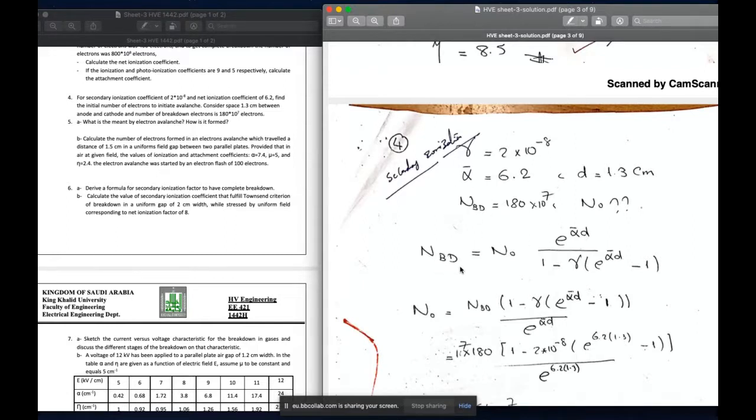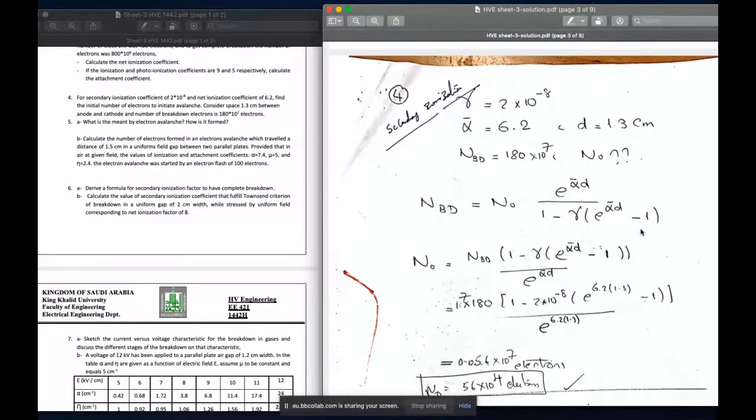So the formula for the number of electrons required for breakdown will be equal to the number of initial electrons multiplied by e power alpha bar d divided by 1 minus gamma into e power alpha bar d minus 1.